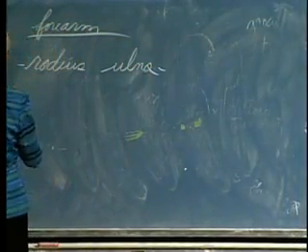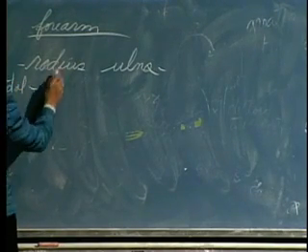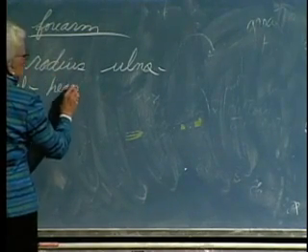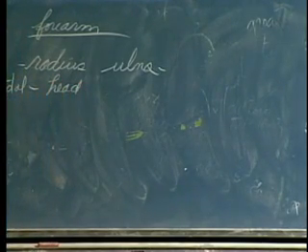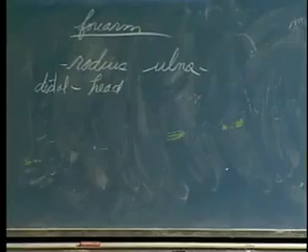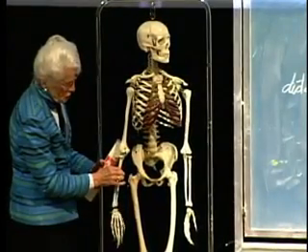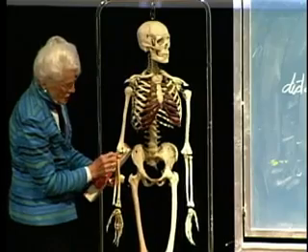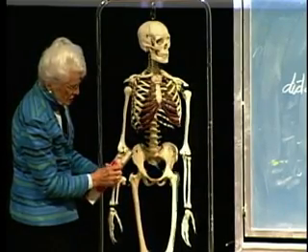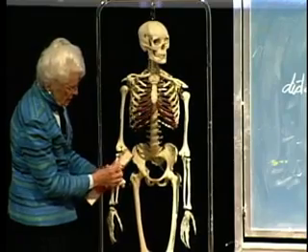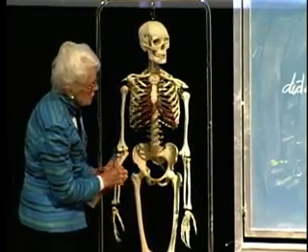What are some characteristics here? On the distal end, we have the head of the radius. You can see the head here. It allows for rotation. We're going to talk about supination and pronation. There's the head of the radius. We then have a radial tuberosity just below it.